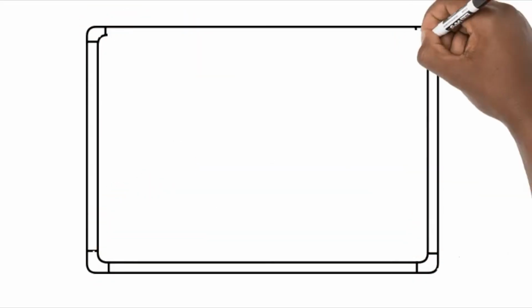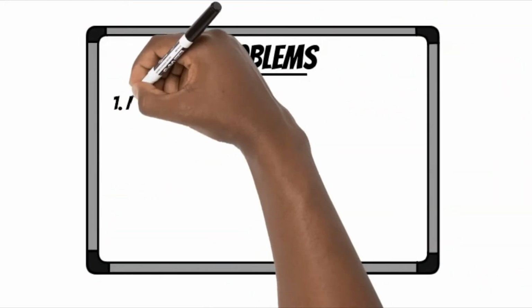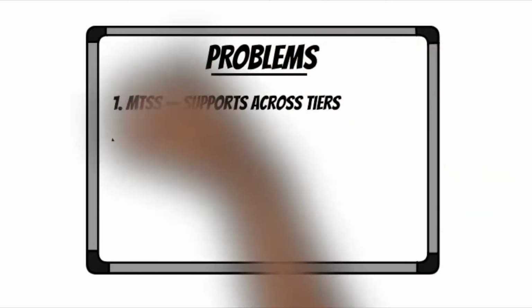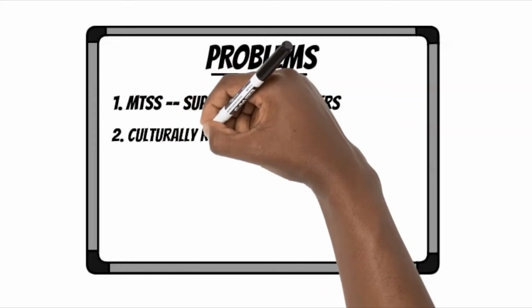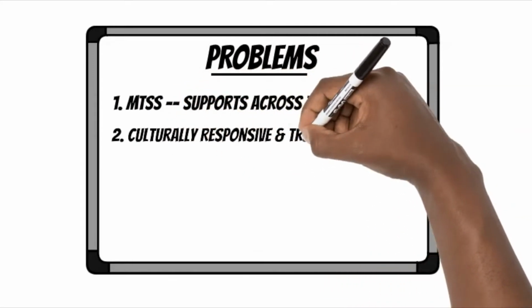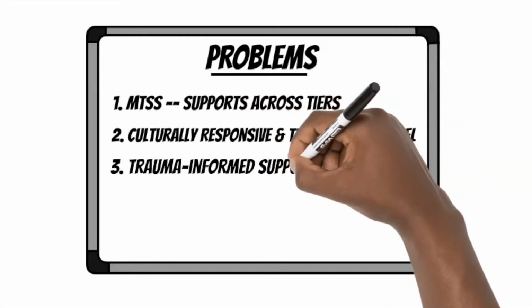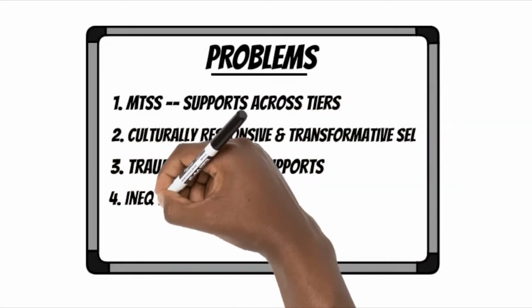We experience problems that prevent us from designing culturally responsive instructional supports across tiers. Problems that prevent us from designing culturally responsive and transformative SEL practices. Problems that prevent us from designing culturally responsive trauma-informed supports.